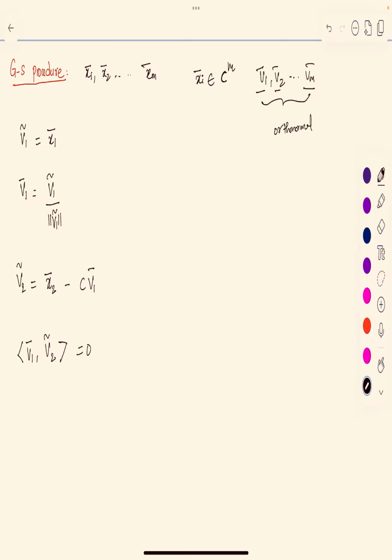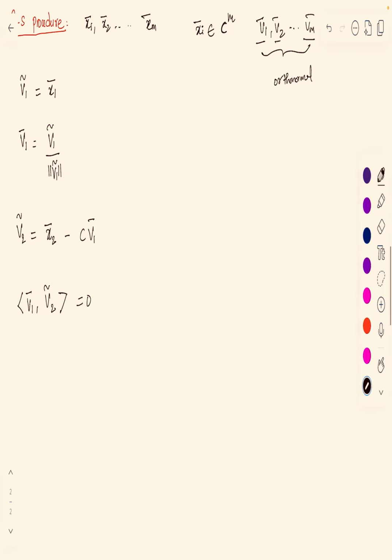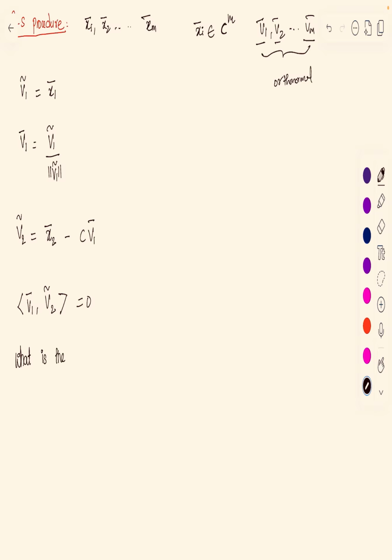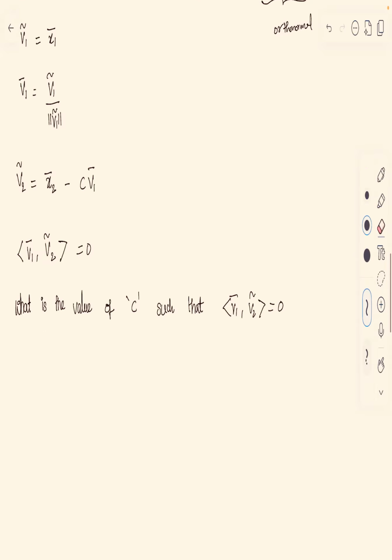Okay, so this is our requirement. Now I'm asking the question, what is the value of c such that the inner product of v1 bar and v2 tilde will go to 0? Okay, so this is the setup.